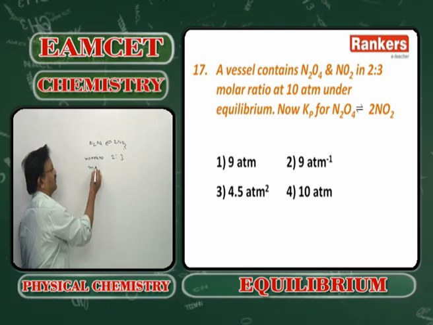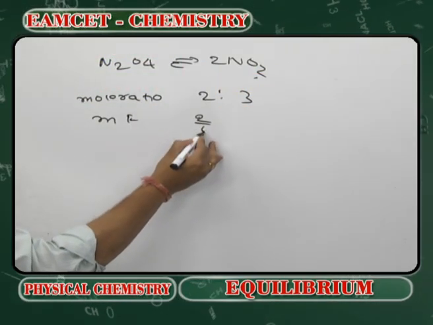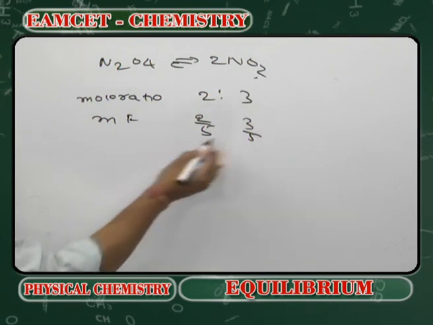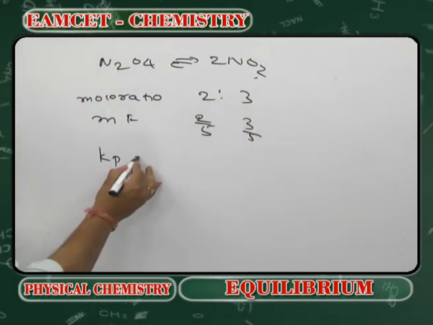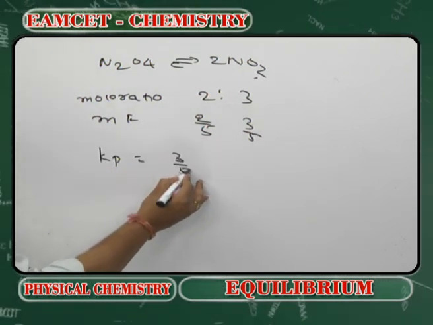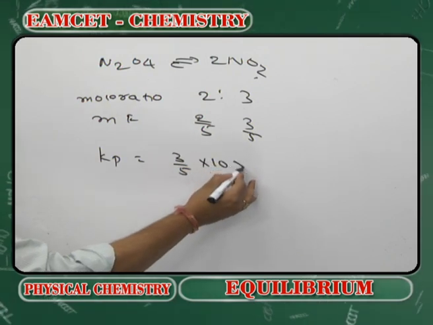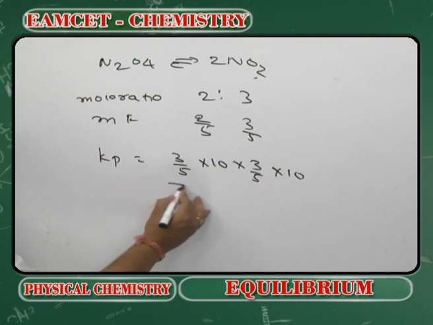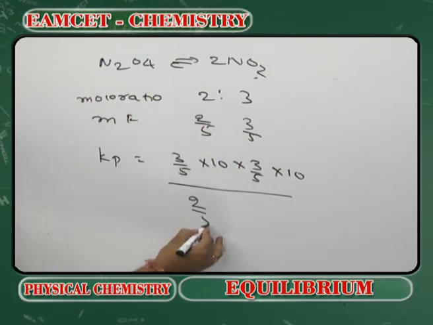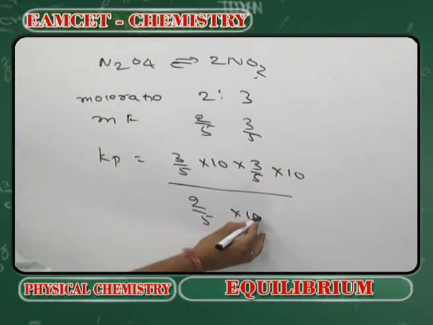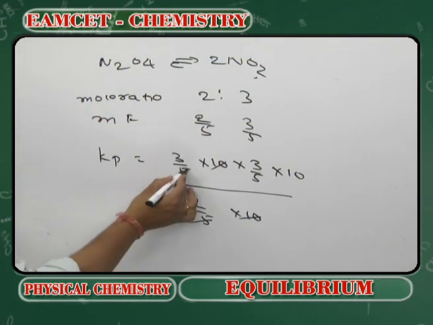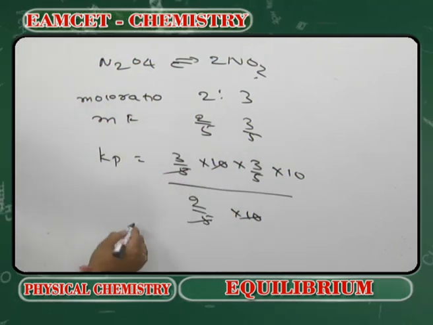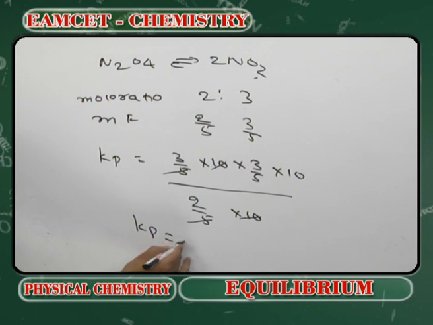So mole fractions will be equal to 2/5, 3/5. Then Kp is equal to 3/5 into 10 into 3/5 into 10 by 2/5 into 10. 10 cancels out, 5 cancels out, and Kp will be equal to 9.